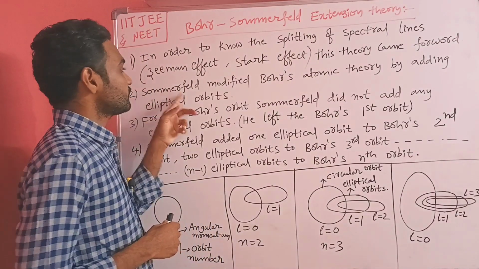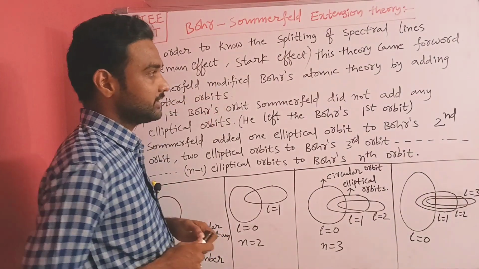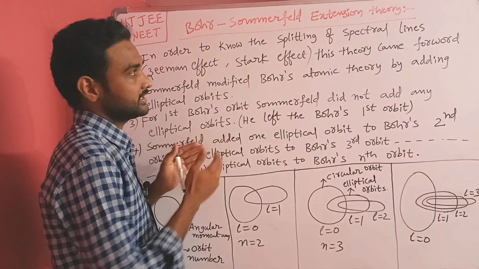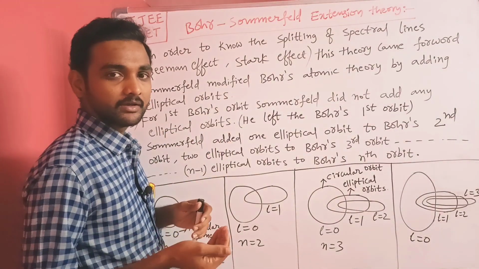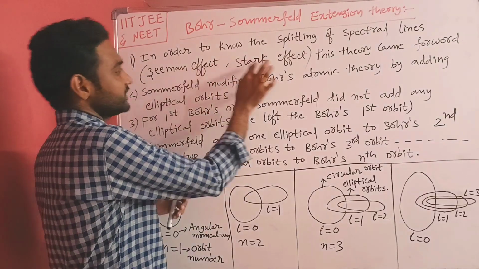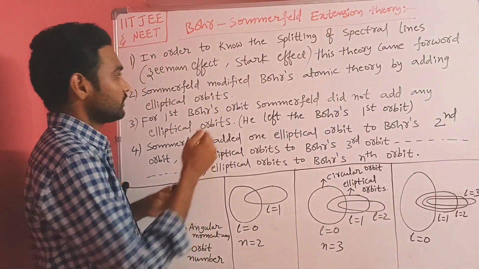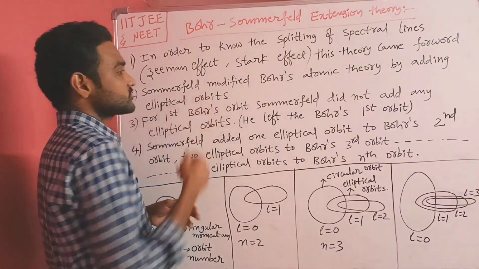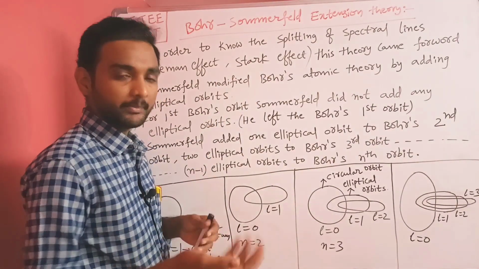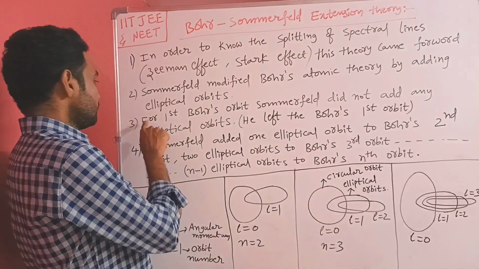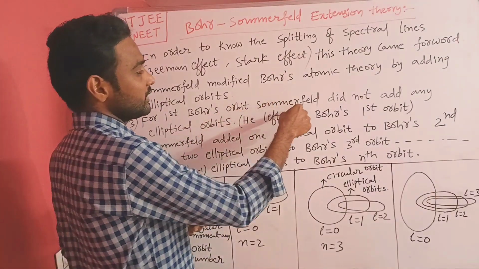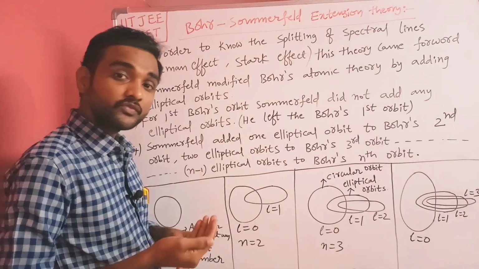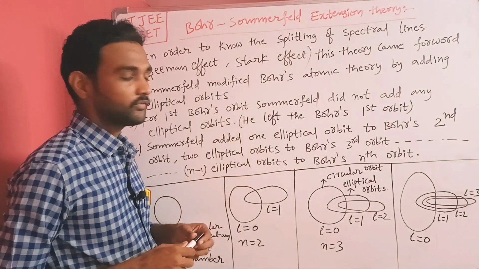Next point, see, Sommerfeld modified Bohr's atomic theory by adding elliptical orbits. The main aim of Sommerfeld's extension theory is to correct the Zeeman effect and Stark effect. For that purpose, Sommerfeld added some elliptical orbits to Bohr's orbits. For Bohr's first orbit, Sommerfeld didn't add any elliptical orbits. I mean he left the first orbit of Bohr.